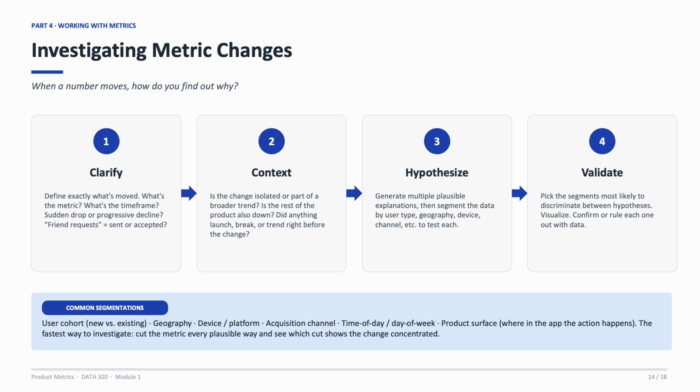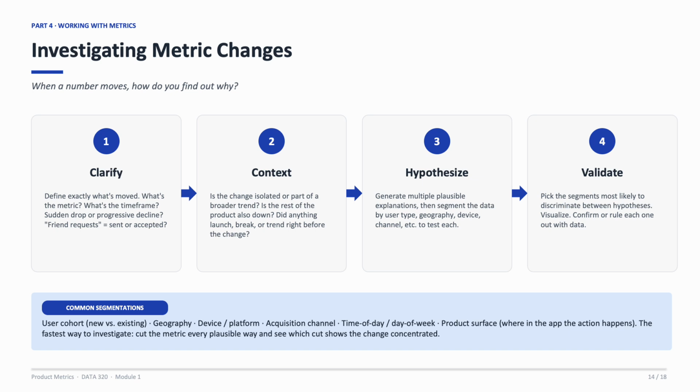I want to point out something important. This framework is the same motion as the 5 Whys from previous lectures, just a different tool. 5 Whys ladders down from a symptom to a root cause through conversation. This framework does the same thing through data. So one is qualitative, one is quantitative, and a strong analyst uses both of these methods. 5 Whys gets you the hypothesis.